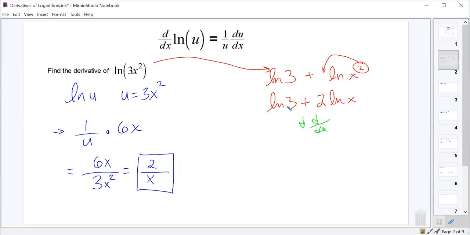Because 3 is just a number, and the natural log of 3 is just a number. This is just a constant, so its derivative is 0, plus 2 times the derivative of natural log x, which is 1 over x. Just gives us 2 over x. So either way, we get the same answer. This is maybe a little bit more work, but kind of cool that it works out the same way.